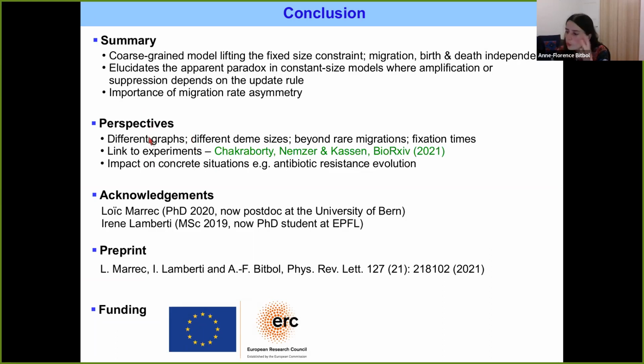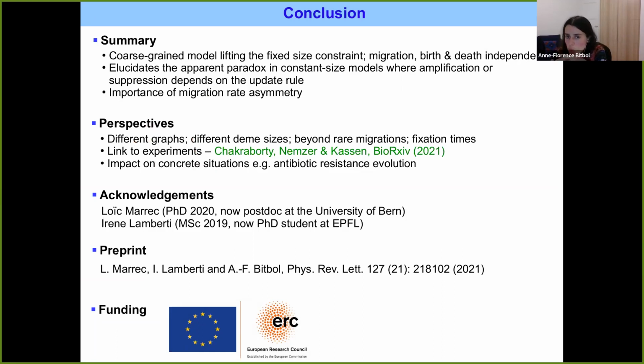So far, I have shown you these quite simple graphs, and it's interesting to look at more complex graphs, and also to address the case where we have demes of different sizes. We have done a simple example of this with one large and one small deme.